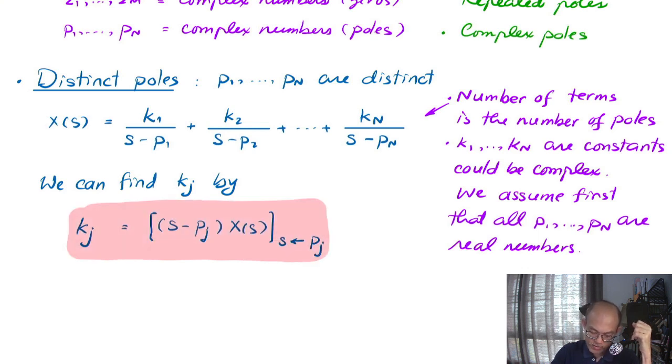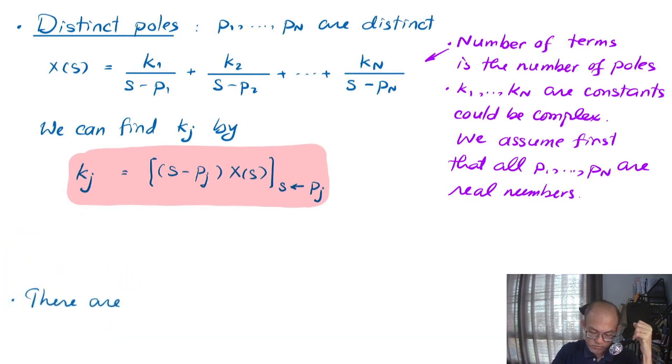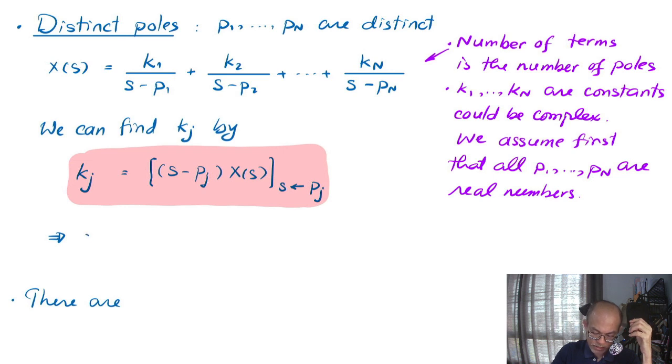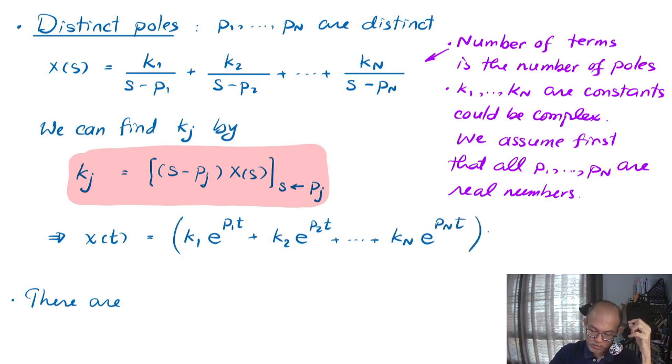Now, in the second case, when there are repeated poles, after you've determined all the K's and plugged into this formula and take the inverse Laplace transform of X(s), you'll find that x(t) will be written as K1 e to the p1 t plus K2 e to the p2 t plus all the way through Kn e to the pn t, all multiplied by u(t).